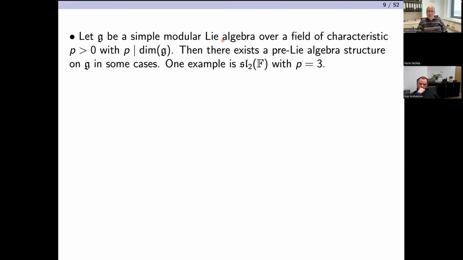In characteristic 0, SL2, for example, has no left-symmetric structures or pre-Lie algebra structures, but something can happen in characteristic p if the characteristic divides the dimension. Indeed, for SL2, you get the equation 0 equals 3, and then you really get solutions. I told you in the beginning, in this small example, which you might even do by hand, you get some quadratic or polynomial equations.